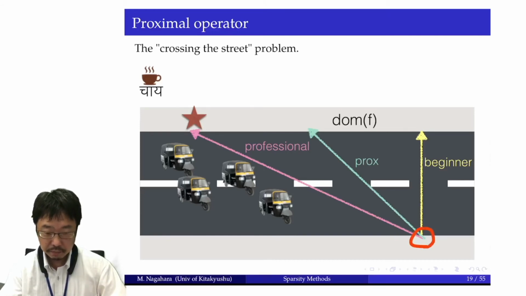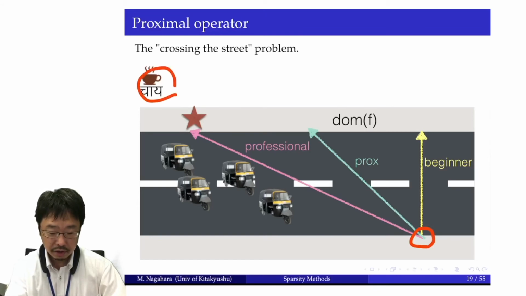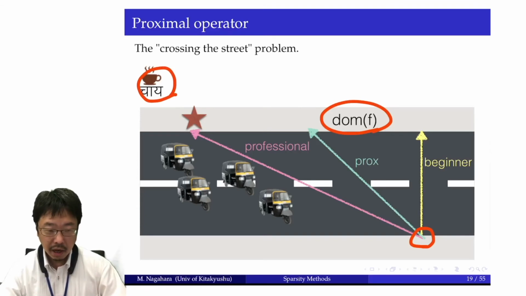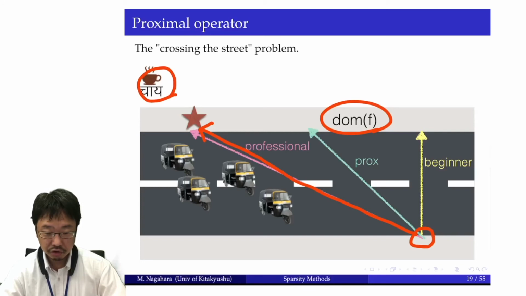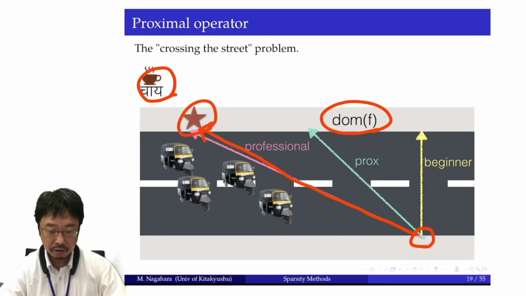I am here. I want to go to the chai restaurant here in the domain F. Many IIT students and faculty go like this. Since they are professional, that is, they go straight to the optimal point.